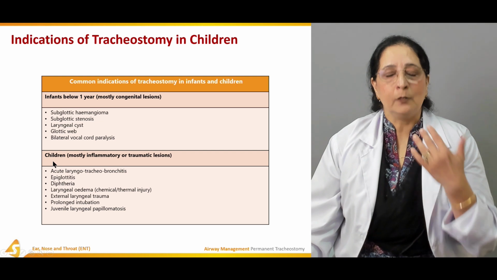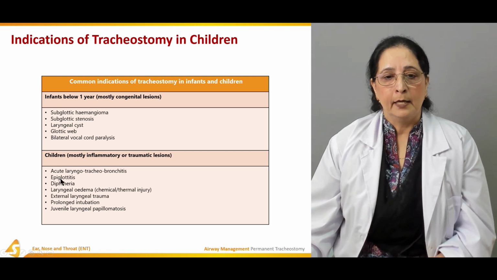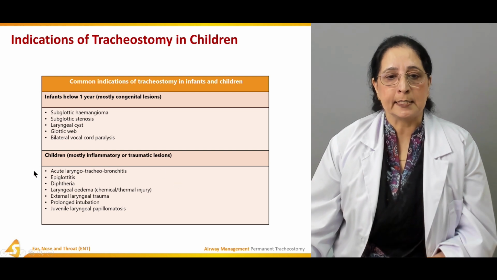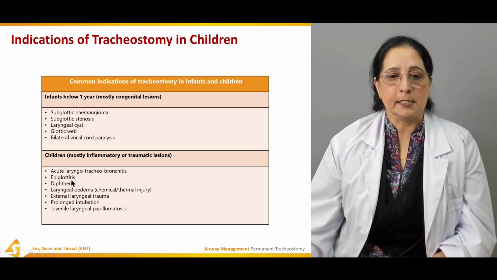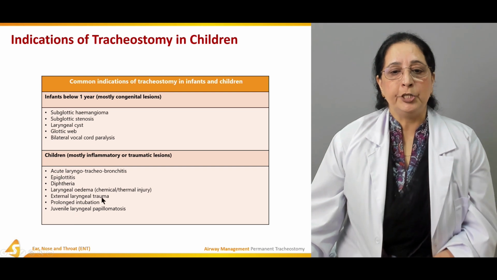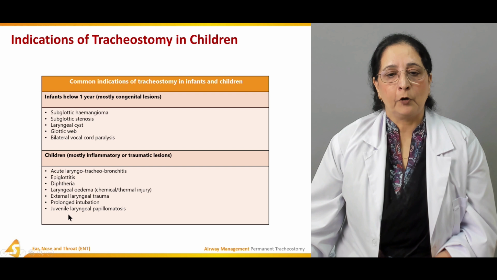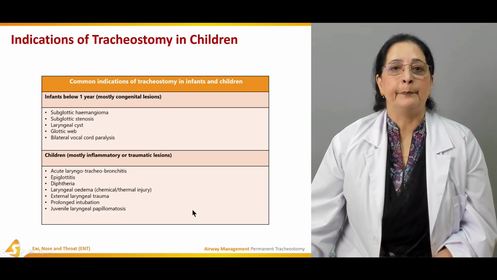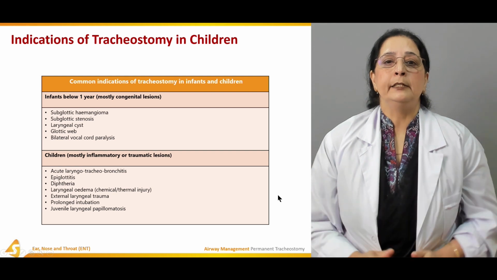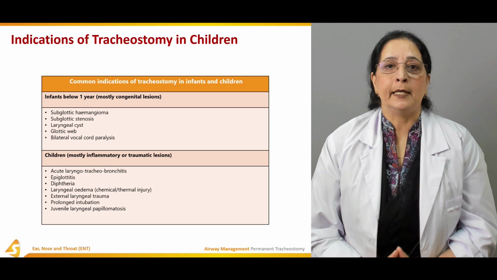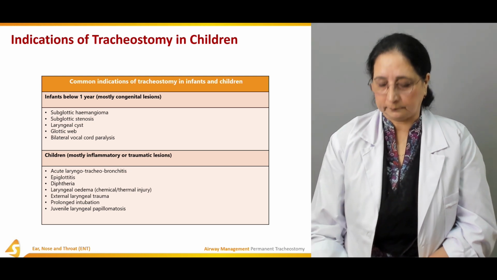In children older than 1 year: acute bronchitis, laryngotracheobronchitis, epiglottitis, diphtheria, laryngeal edema, external laryngeal trauma, prolonged intubation, and juvenile laryngeal papillomatosis. All these are indications for performing tracheostomy in infants and children.